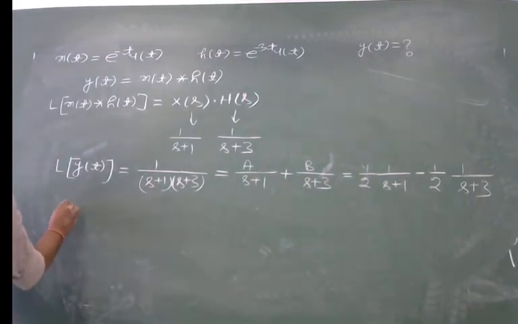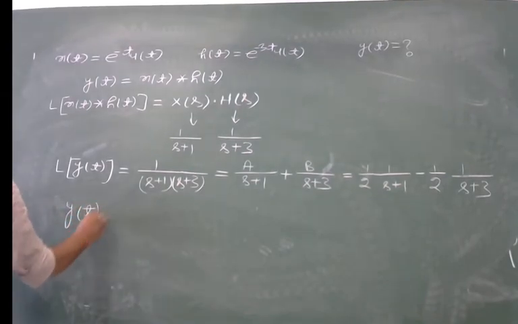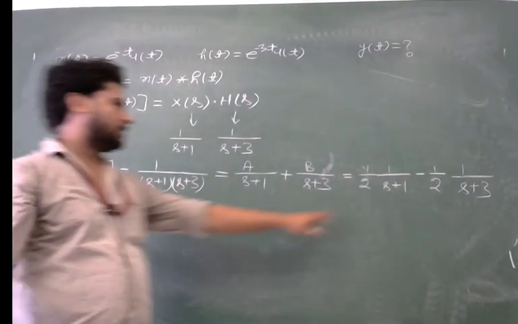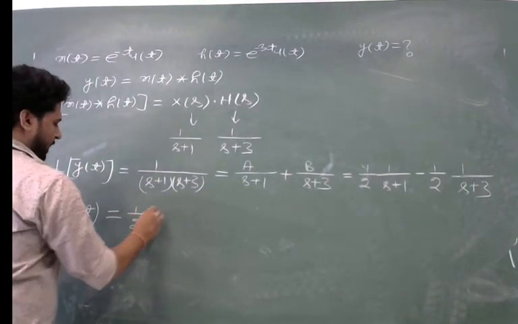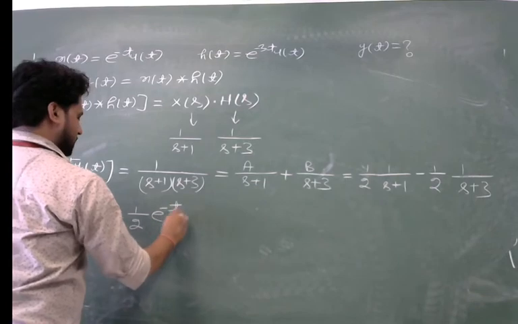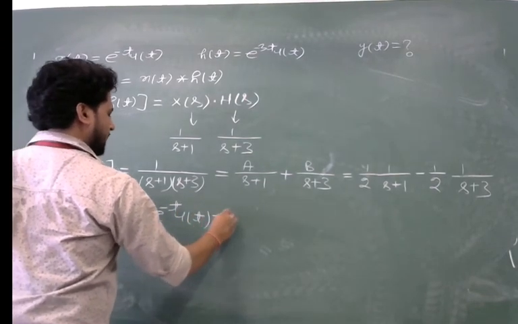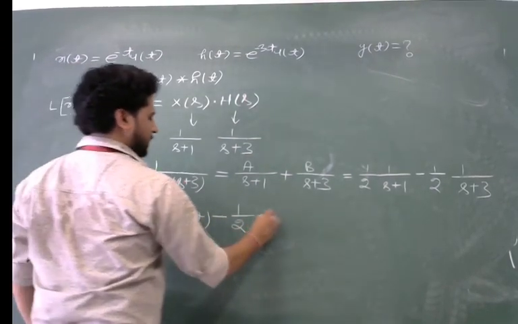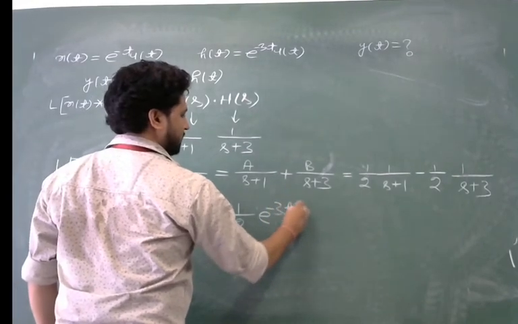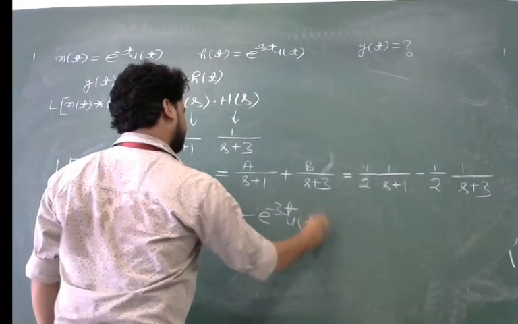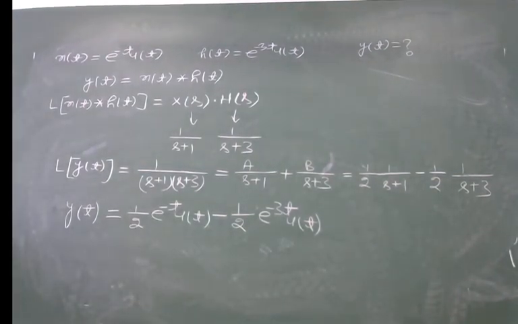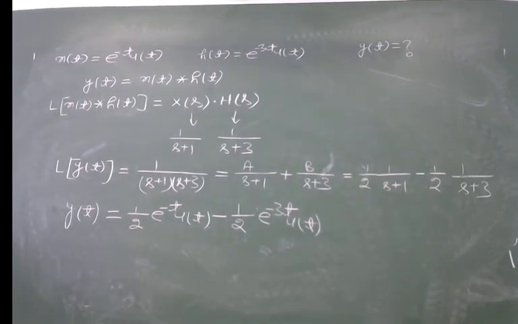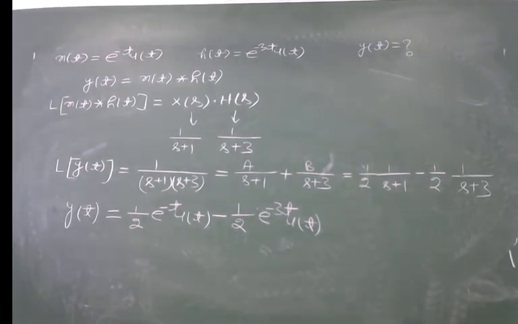So y(t) will be equal to 1 by 2 e^(-t) u(t) minus 1 by 2 e^(-3t) u(t). This is what we get by using the convolution property, or frequency domain approach, of the Laplace transform.